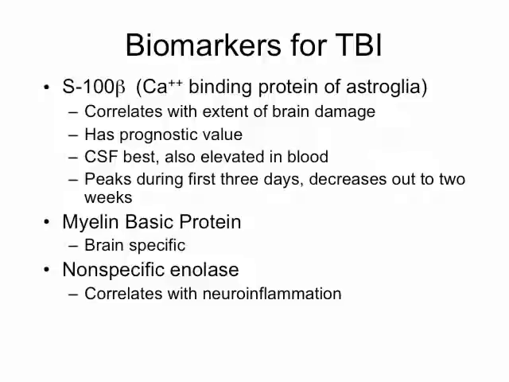So because of the heterogeneity of these patients, there's a lot of interest in somehow identifying patients with traumatic brain injury to try in some way to quantitate the degree of injury, which isn't always easy to do by CT or MRI, because there are parts of the brain that may or may not show it. It'd be nice to have some sort of marker that would tell you how much brain mass is damaged. And so now there's a lot of interest in biomarkers for traumatic brain injury.